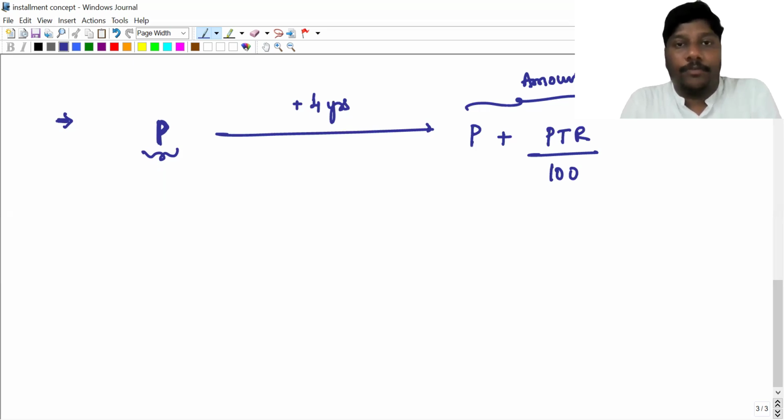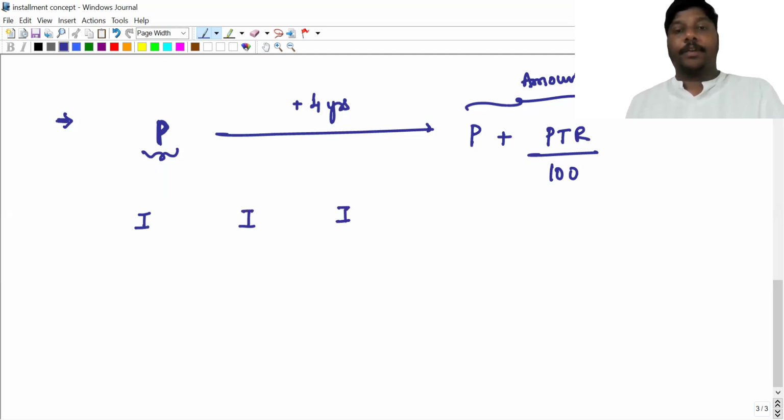So 4 years, you take it as 4 installments. Assume that each installment is I. You pay at the end of first year, end of second year, end of third year, and end of fourth year.